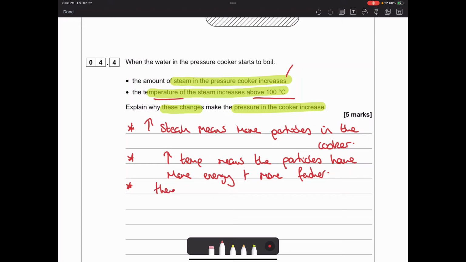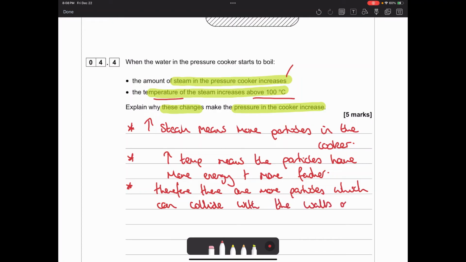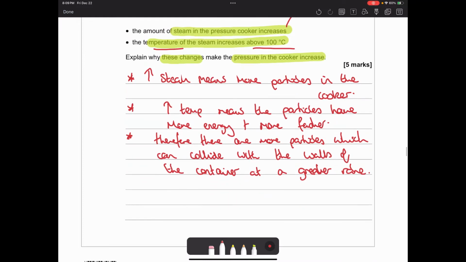So therefore, there are more particles which can collide with the walls of the container at a greater rate. So I've got more particles in the cooker, they're colliding, and they're having collisions more frequently. The greater rate, or more frequently.